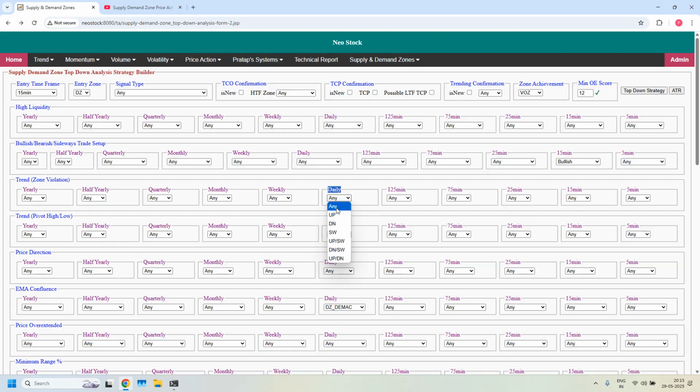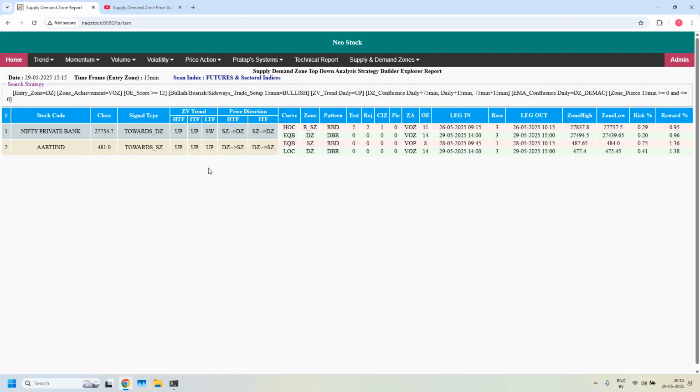It should be uptrend because it is a bullish trade setup. Let's filter. We got 2 stocks. Out of 3 having uptrend, 2 are filtered. That means HTF trend, daily trend. These 2 15 minutes demand zones might have a higher probability of success. So this is the bullish trade setup for daily income trade.